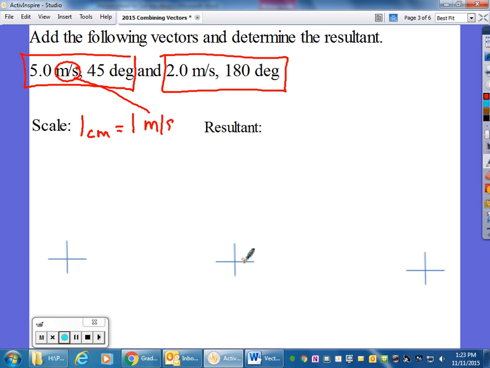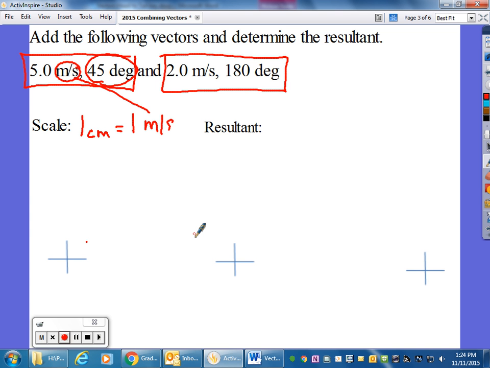So what I'm going to do now is go to my crosshairs right here, set my protractor down on that crosshair. I'll put a little dot at the 45 degree mark, so that's my guide dot, right? Put it out here somewhere above 45, and then get my ruler and use it as a straight edge, and I will measure 5 centimeters on my ruler.